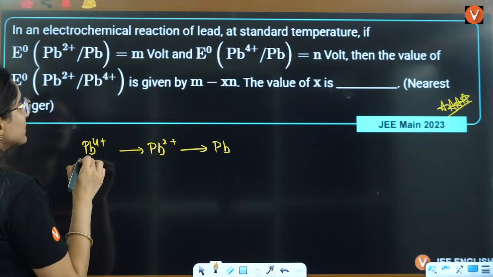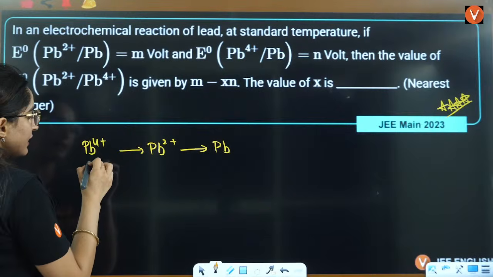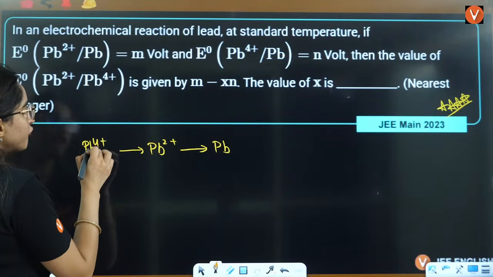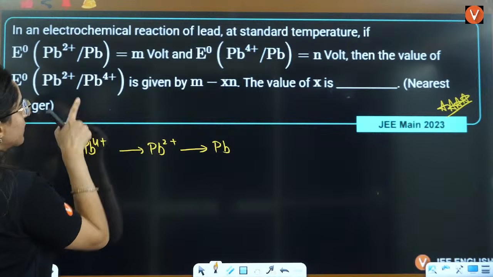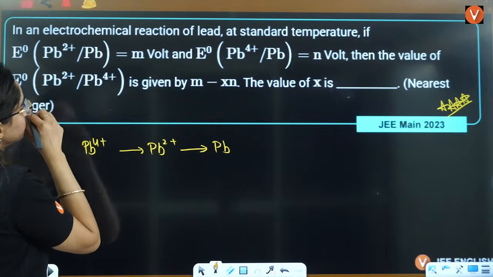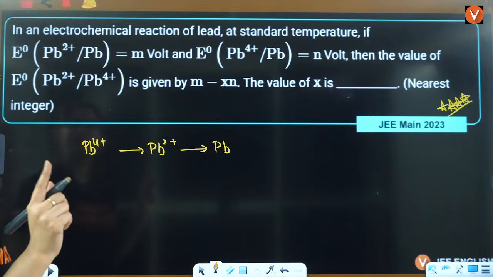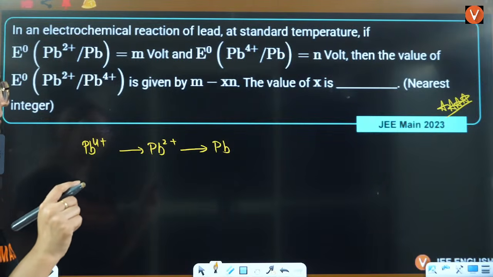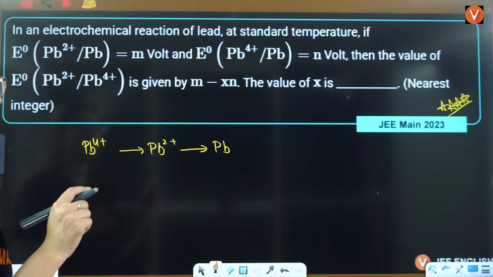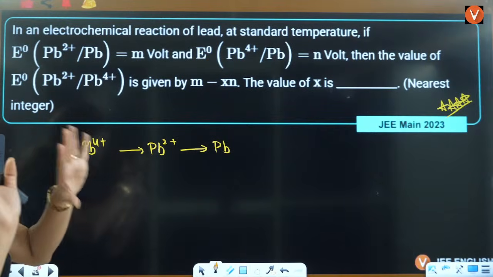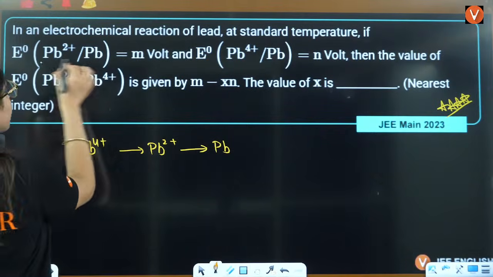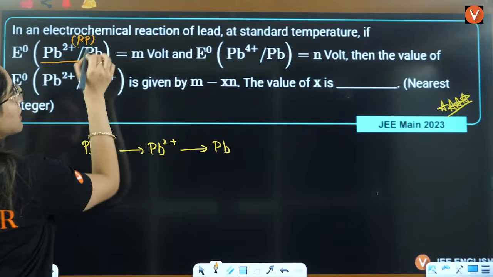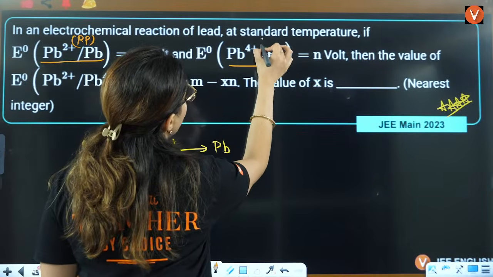Then the value of x is what? Now I'll tell you how to calculate this. This is reduction potential. 4 to 0 is also reduction potential.